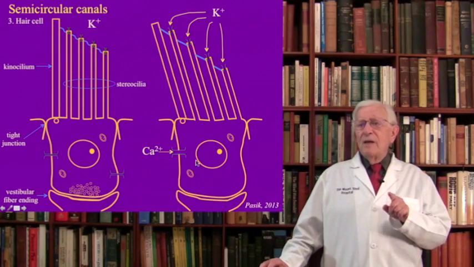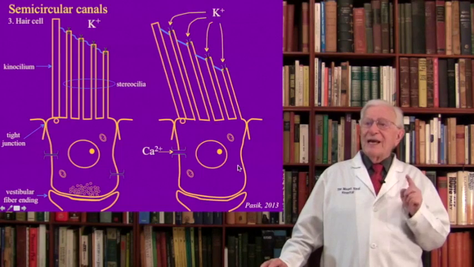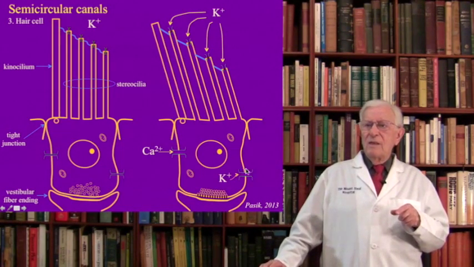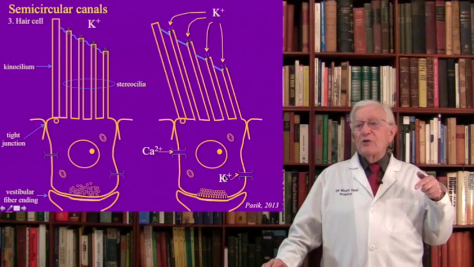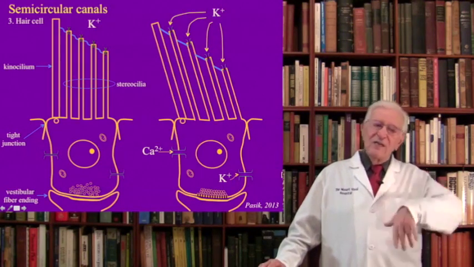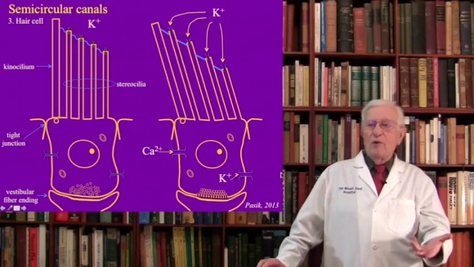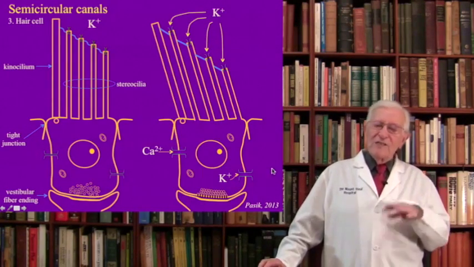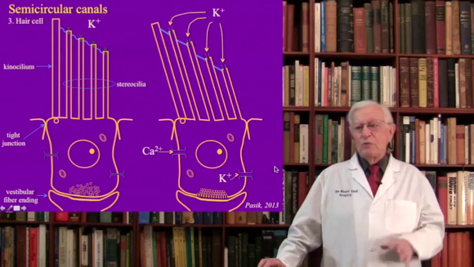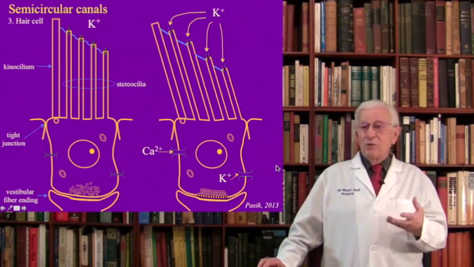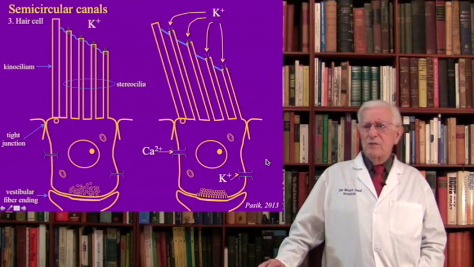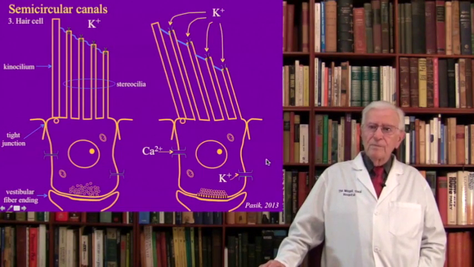At the same time, this cell has also a calcium-dependent potassium channel that opens up, and potassium now leaves the cell, and the cell hyperpolarizes. So there is a constant shift from depolarization to hyperpolarization. And that's what is actually the stimulus that the vestibular system requires to do its job.